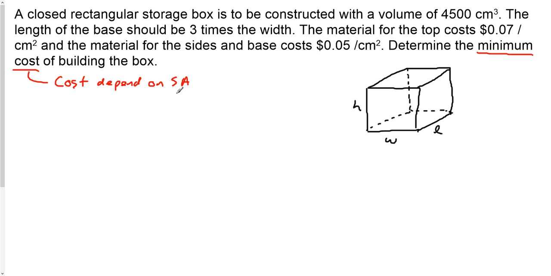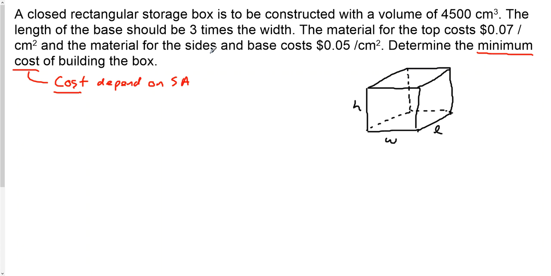So we don't want an expression or an equation for the surface area. We want an equation for the cost, which is going to incorporate finding the surface area of the various sides.